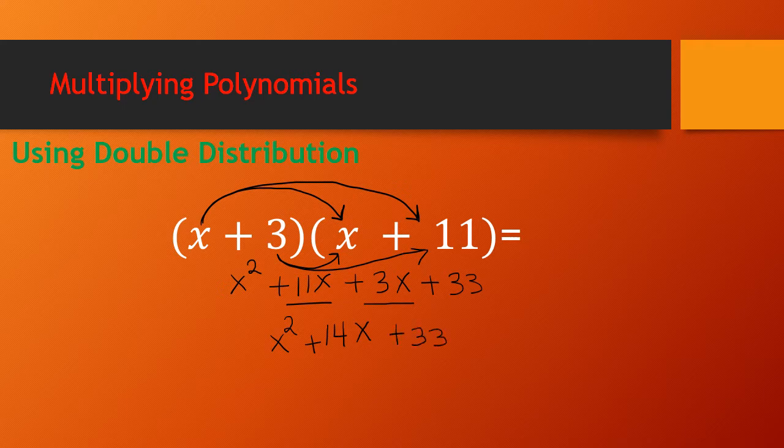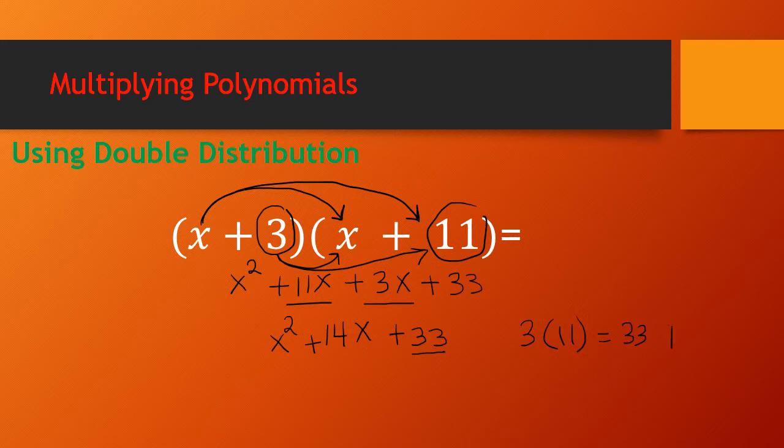Now, if we look at the numbers inside the binomials, 3 and 11, we'll find out that the last number of the trinomial, which is 33, is the product of 3 and 11. 3 times 11 equals 33.